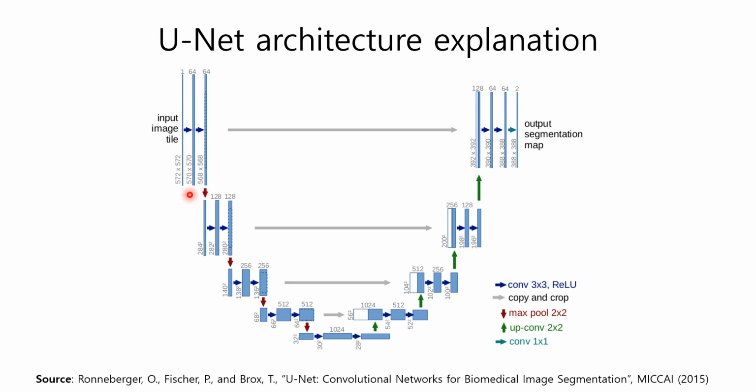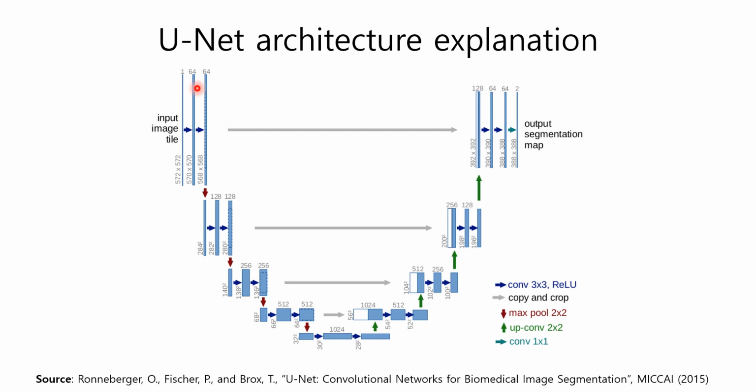If you know the convolution operation, after one convolution with filter size 3, it's going to reduce from 572 by 572 to 570 by 570.